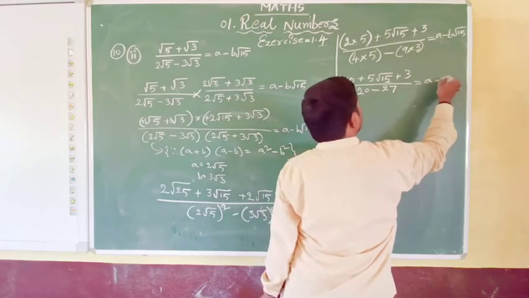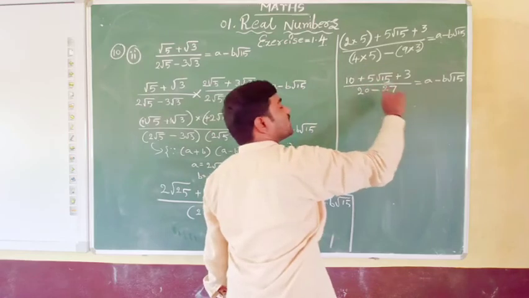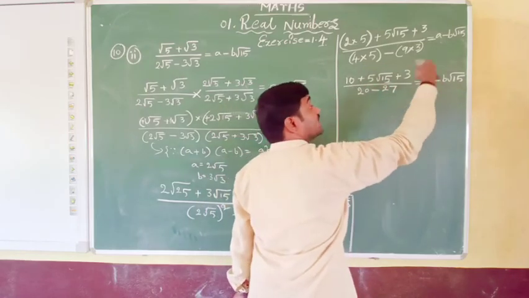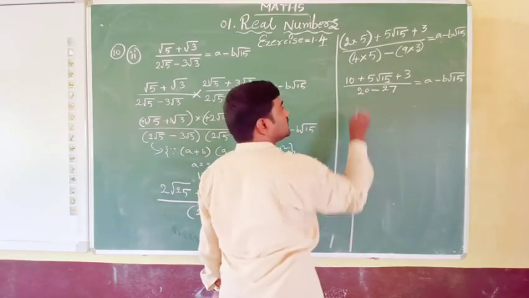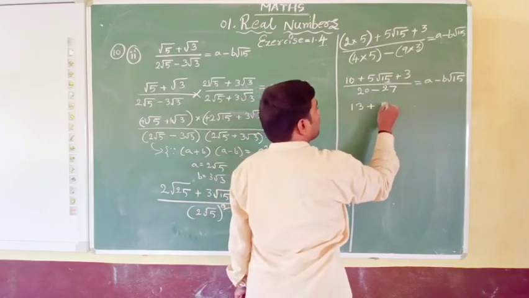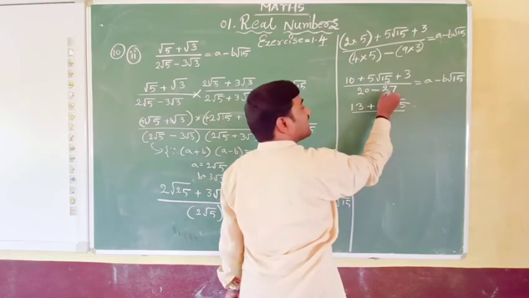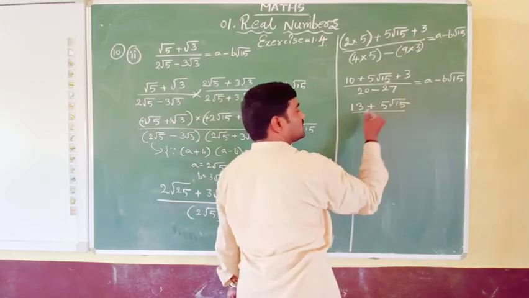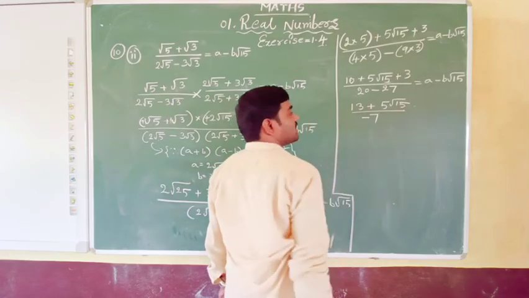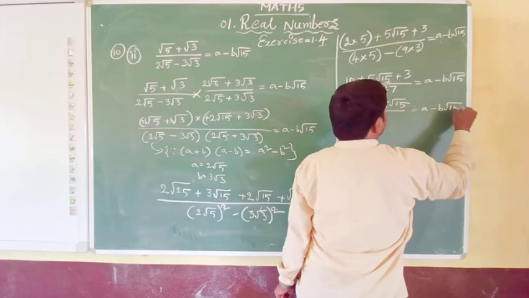That equals a minus b root 15. So this completely we have to change in this form. A minus b root 15 form we need to change. See, 10 plus 3 that is 13 plus 5 root 15 by 20 minus 27. From 20 you subtract 27, then you get minus 7. That equals a minus b root 15.